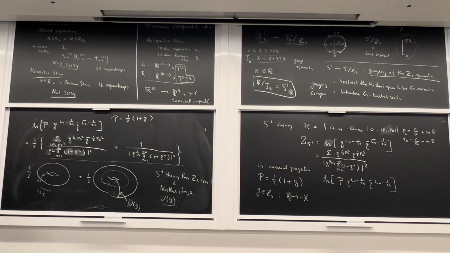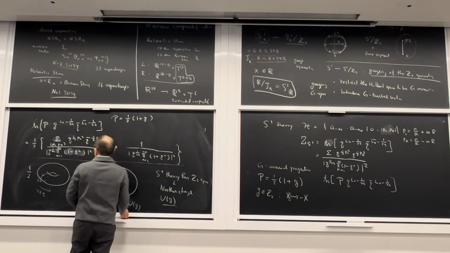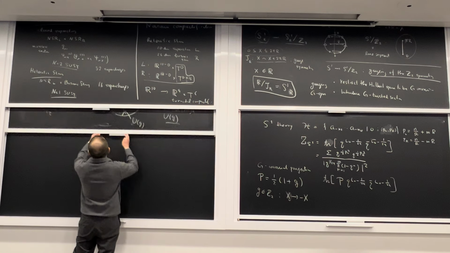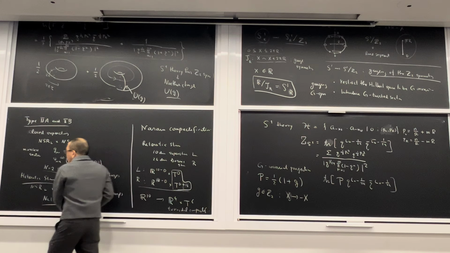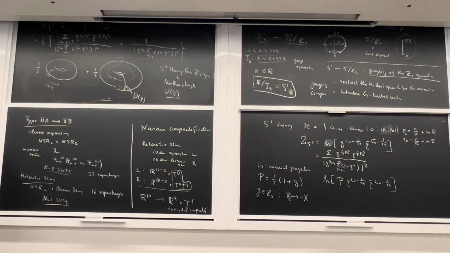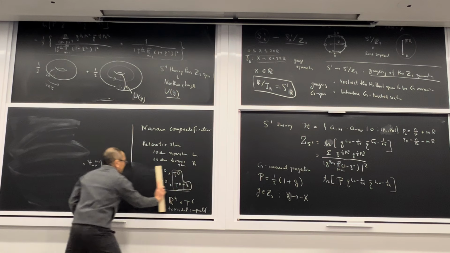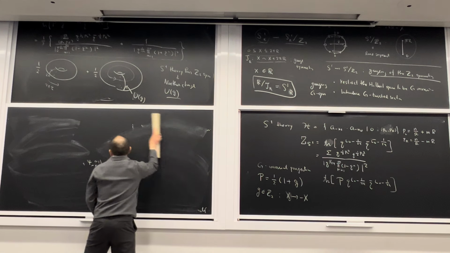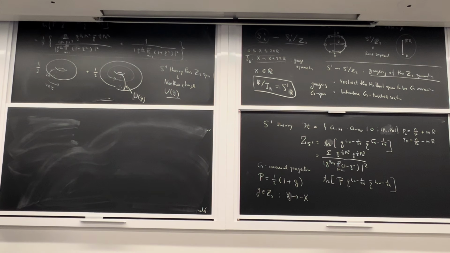Okay, but if you make this presentation, it is clear that just summing these two cannot give a partition function which is modular invariant. Because modular invariance amounts to summing over all the symmetries that exchange the cycles.